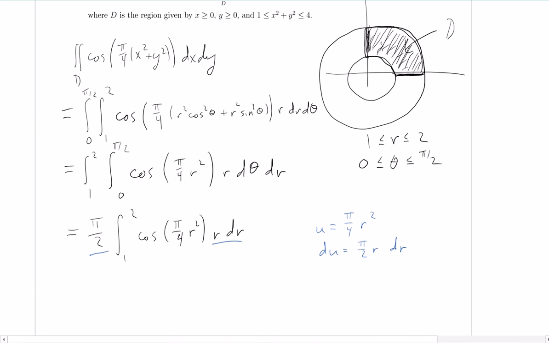So that's all du. So this is just cosine u du. And what are the new bounds? When r is 1, u is pi over 4. And when r is 2, u is pi.